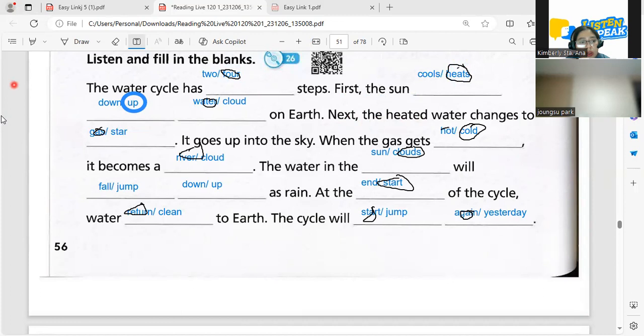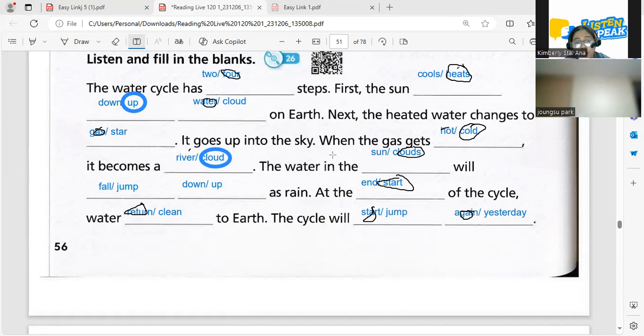water changes to gas. It goes up into the sky. When the gas gets cold, it becomes a cloud.